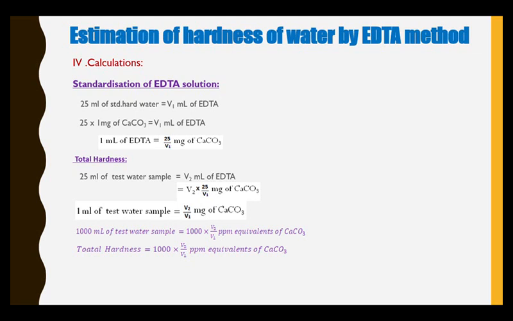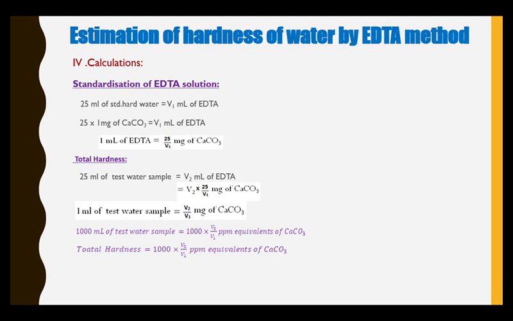So 1 ml of water contains 1 milligram of calcium carbonate. Therefore, in place of 1 ml of standard hard water, we can substitute 1 milligram of calcium carbonate. So 25 mg of calcium carbonate is equal to V1 ml of EDTA, and 1 ml of EDTA is equal to 25 by V1 milligrams of calcium carbonate.